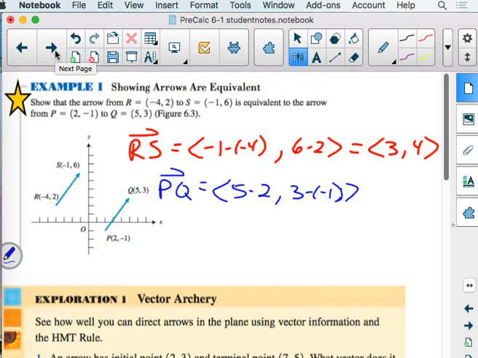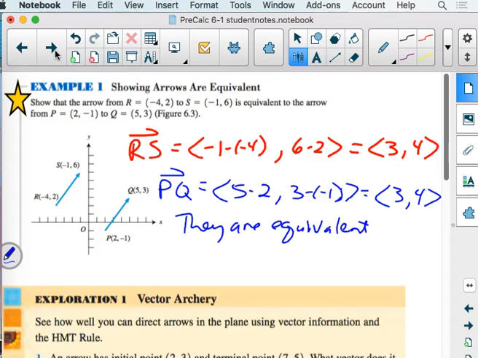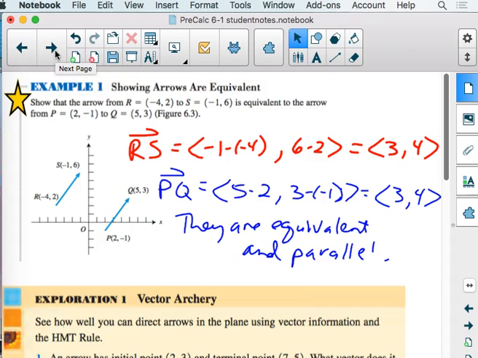Well, 5 minus 2 is 3, and 3 minus a -1 is 4. And it said show, and we did show. They are equivalent. And go a little further, parallel, because they have the same component form.